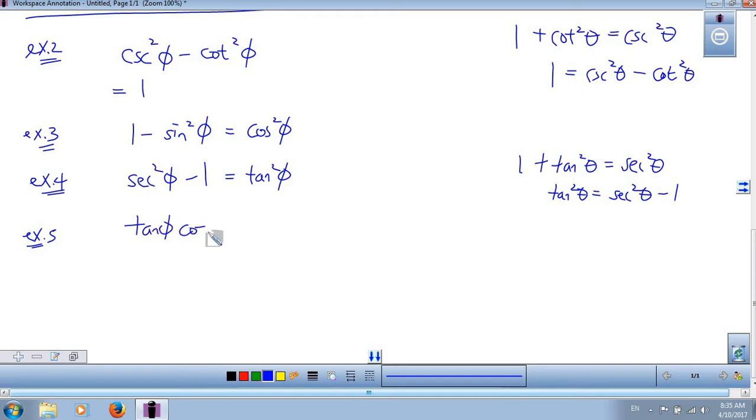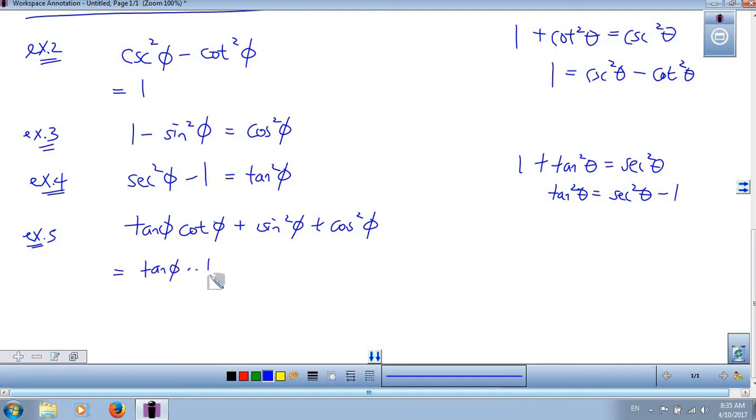What about this? Tangent phi times cotangent phi, plus sine square phi plus cosine square phi. It looks like there's a lot of things going on here, but let's take a look at what's going on. Tangent phi times cotangent phi. What's the relationship between tangent and cotangent? Well, they are reciprocals, aren't they?